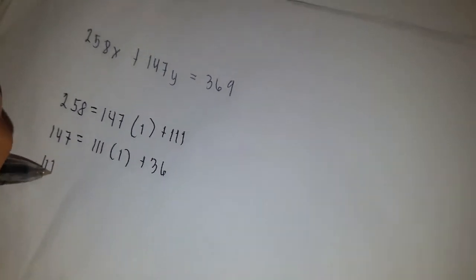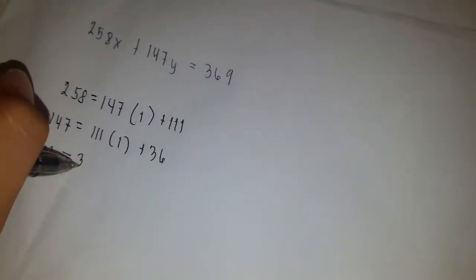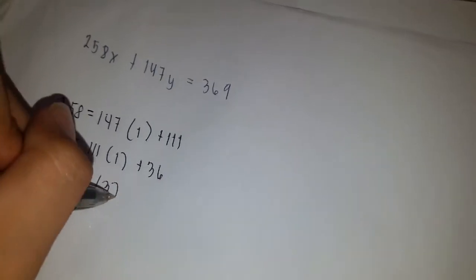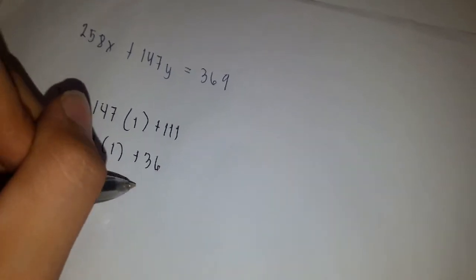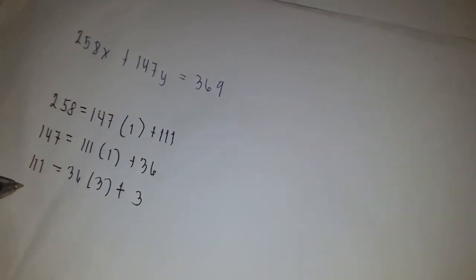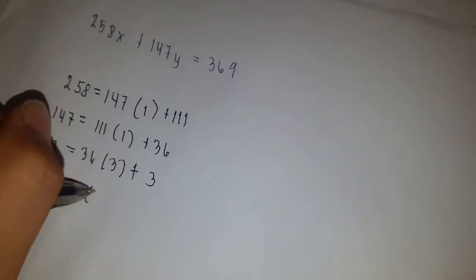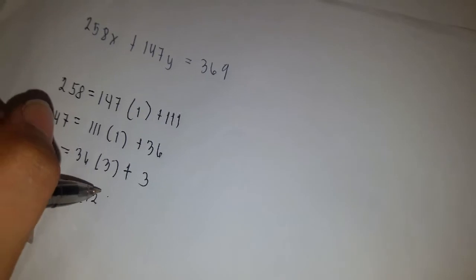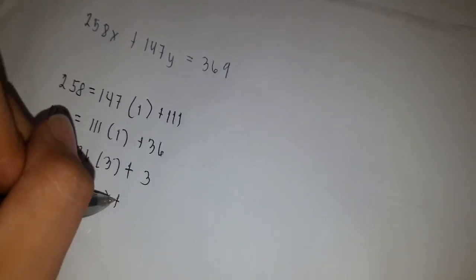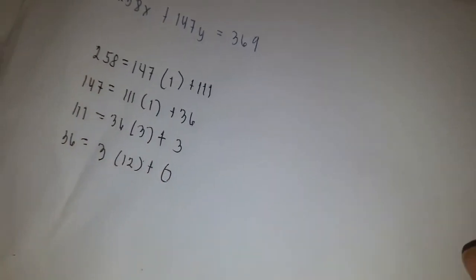So 101 divided by 36 equals 3 with the remainder of 3, and 36 divided by 3 equals 12, which has 0 remainder.